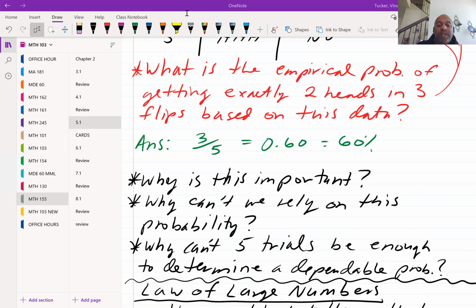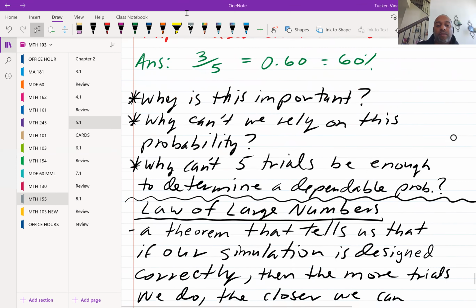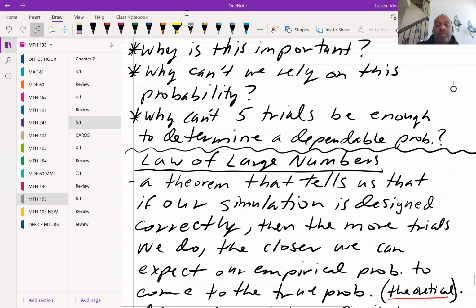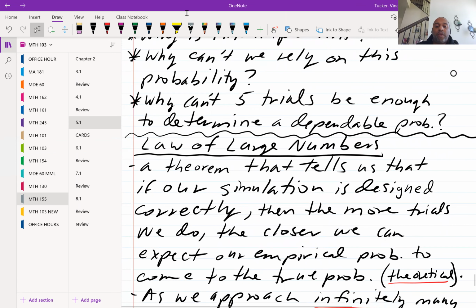The reason is the law of large numbers. It's a theorem that tells us that if our simulation is designed correctly, then the more trials we do, the closer we can expect our empirical probability to come to the true probability, which is the theoretical probability.